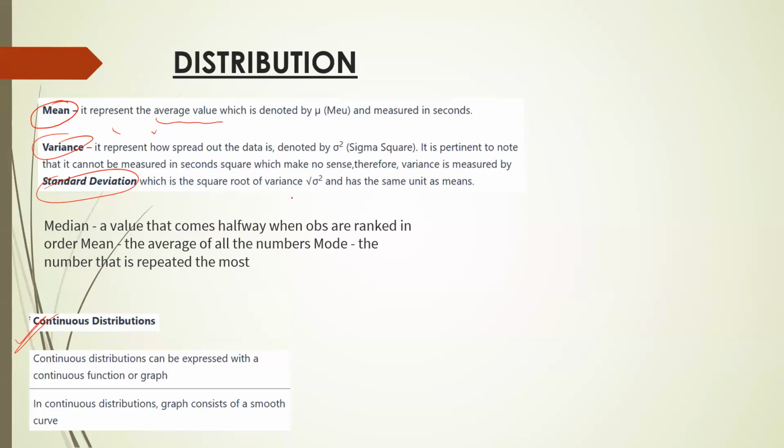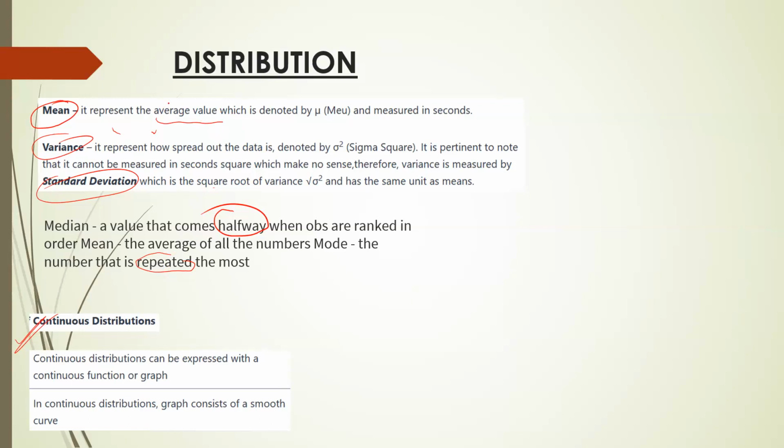Median is when you arrange all the values in ascending or descending order and take the value in the middle, the halfway value. Mode is the value which is most frequently repeated, the repetitive value. So mean is arithmetic mean, median is the halfway value, and mode is the repetitive value. Those are simple.